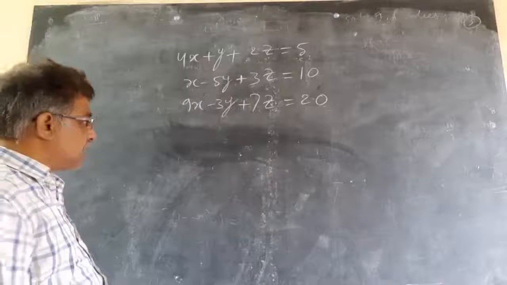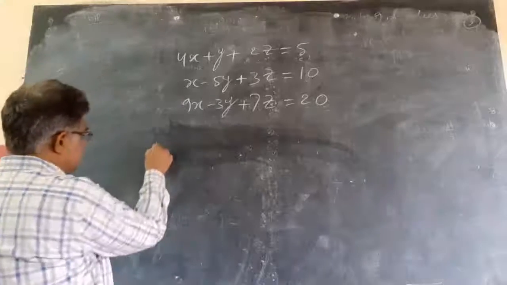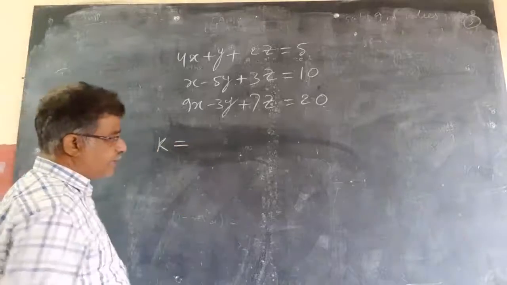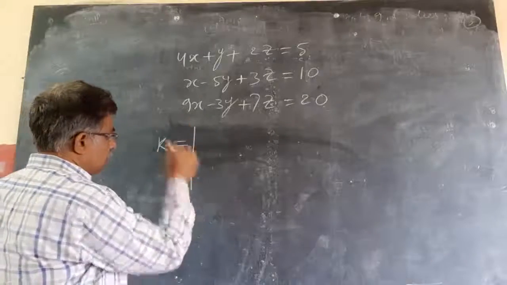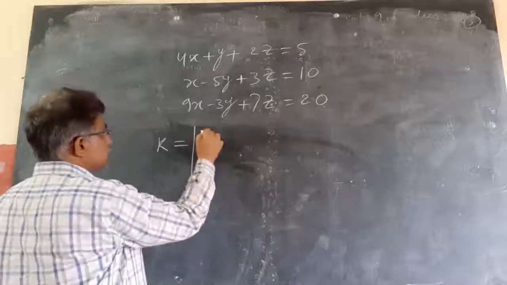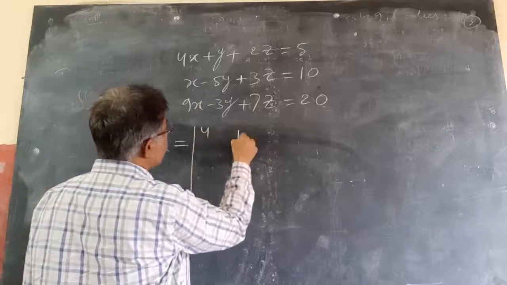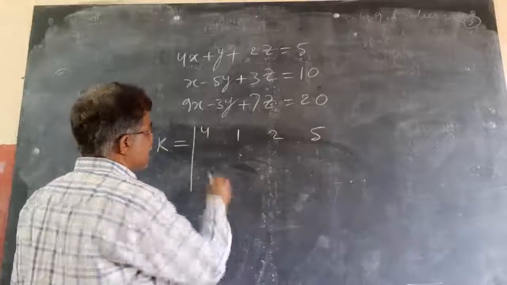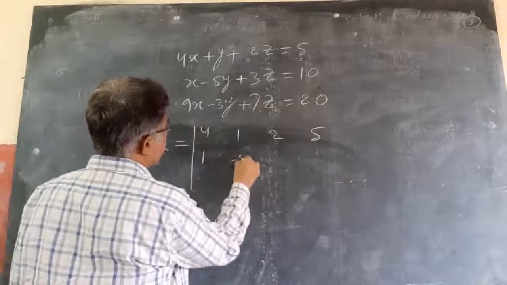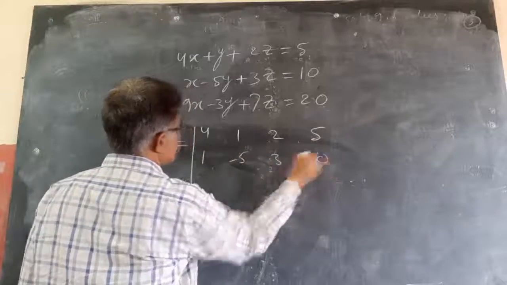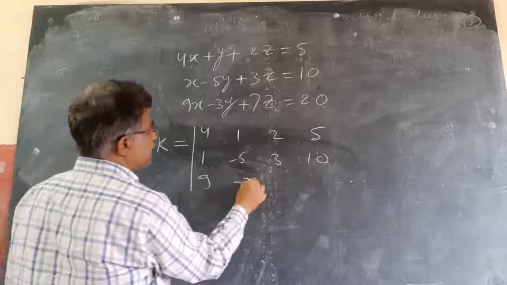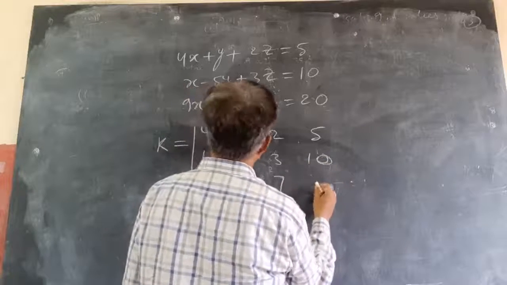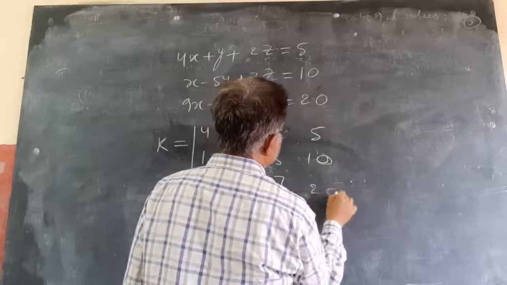So we will go for the augmented matrix first, usually represented with A:B or K, I will take K. The coefficients are 4, 1, 2, and including the constant gives you the augmented matrix. Next, 1, minus 5, 3, 10. Then 9, minus 3, 7, 20.